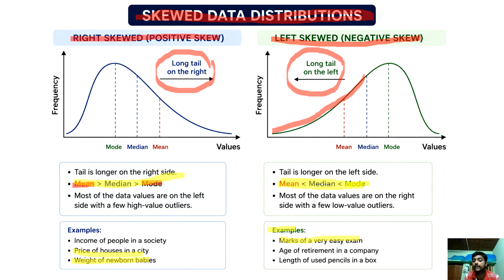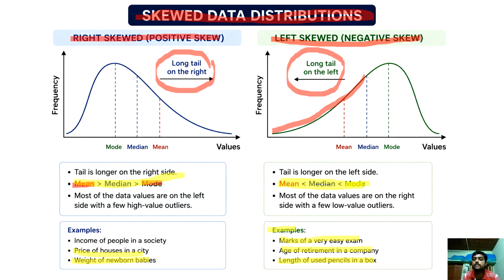The percentage of students getting good marks will be higher than the mean value of the marks, so that's why the marks of a very easy exam are left skewed. Age of retirement in a company, and length of used pencils in a box, are also examples of left skewed data.